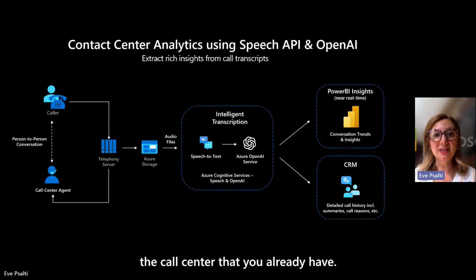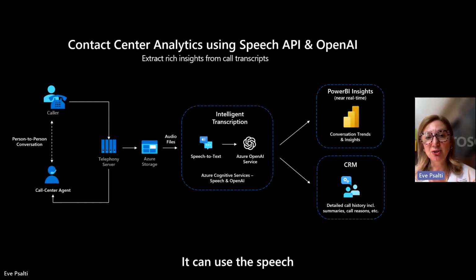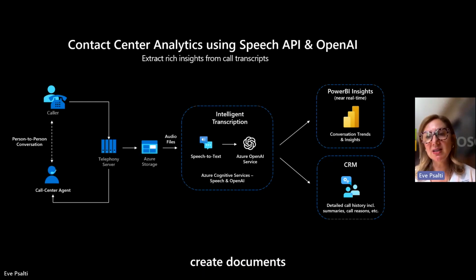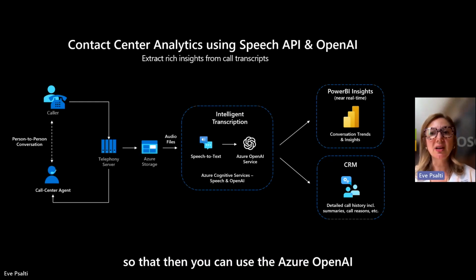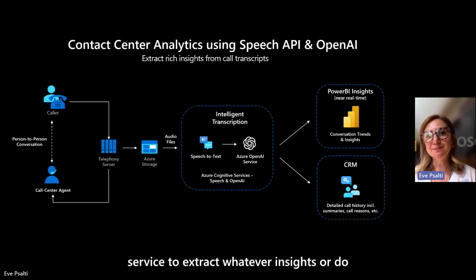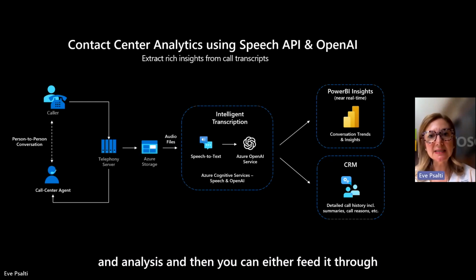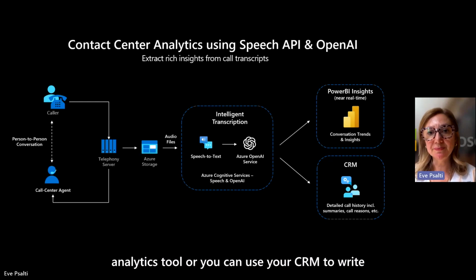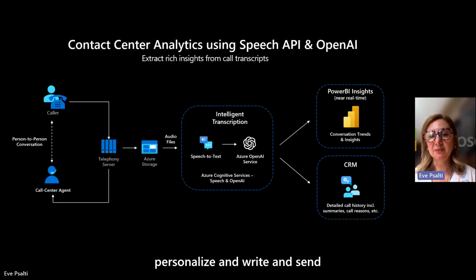It can use the speech to text Azure AI API to transcribe these logs and create documents that you can then use the Azure OpenAI service to extract whatever insights or do an analysis. And then you can either feed it through a Power BI or an analytics tool, or you can use your CRM to personalize, write and send an email.